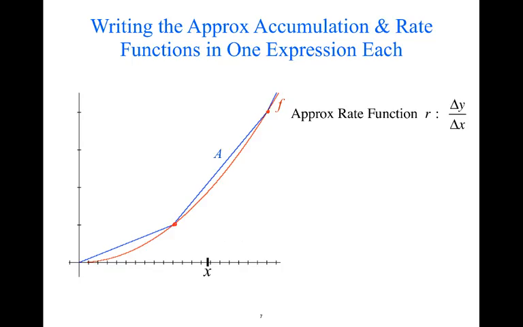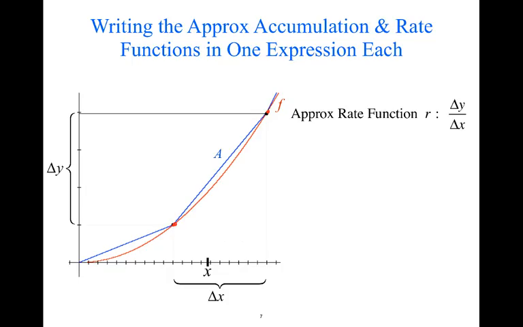Okay, so the approximate rate function will be of this form, right? It'll have the form change in y over change in x. So we're going to write that first. We're going to write this approximate rate function in one line, not as a bunch of individual pieces, like what we did before. We need to write it in one line. So what do we need to do that? Like we just said, there's a change in x. There's the corresponding change in y.